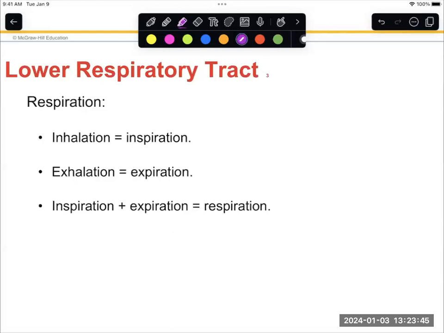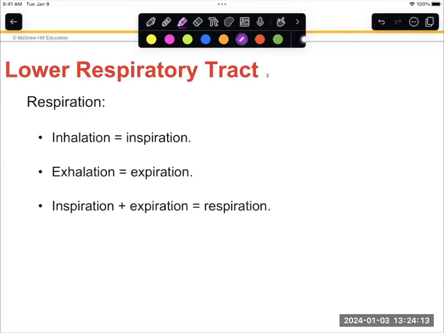So during inspiration, that diaphragm is going to move down, which expands, gives extra space in that thoracic cavity. That drawing down of that diaphragm and that expanding of those ribs is what causes air to move into the lungs.